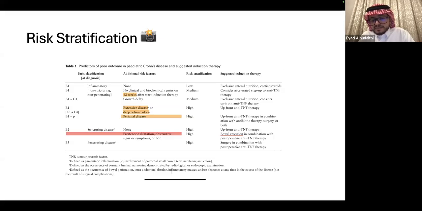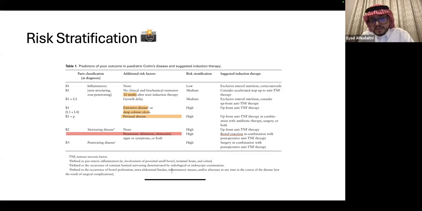first, if there is pre-stenotic dilatation with obstruction, then you might first consider a bowel resection, then go for the anti-TNF for post bowel resection recurrence maintenance. If you have a B1 phenotype but with perianal disease, this is another indication for upfront anti-TNF.